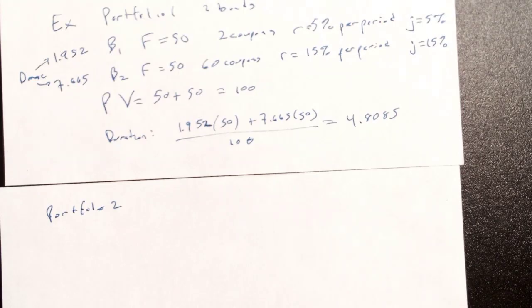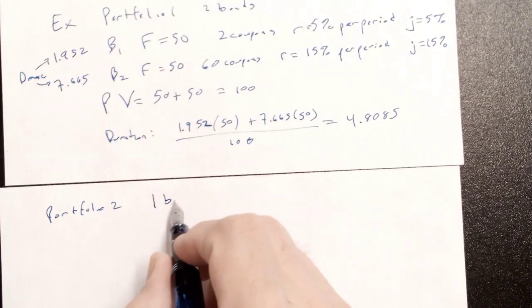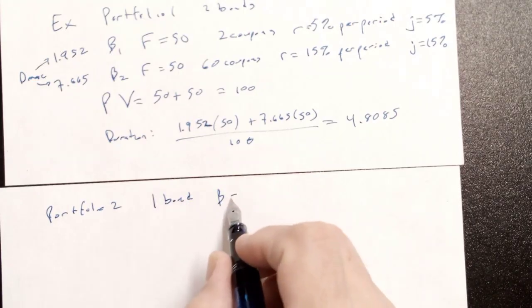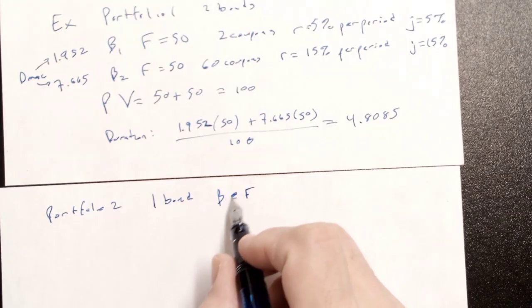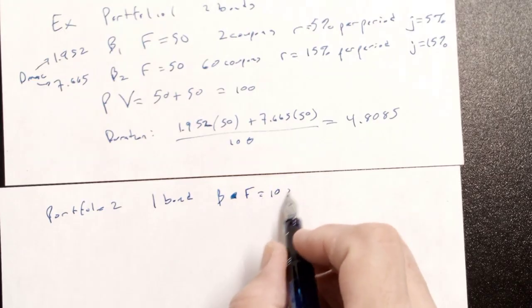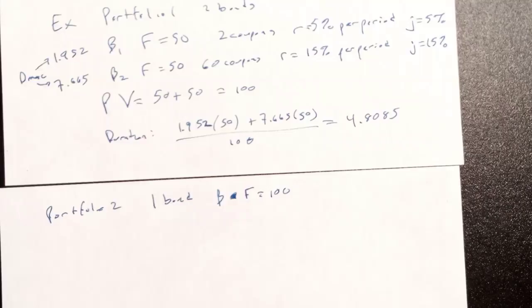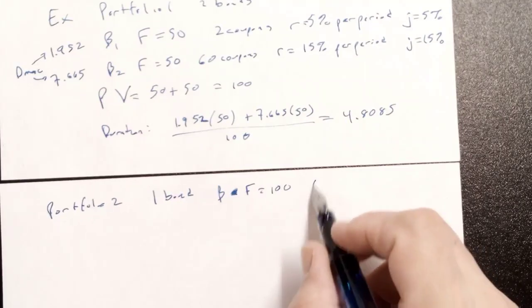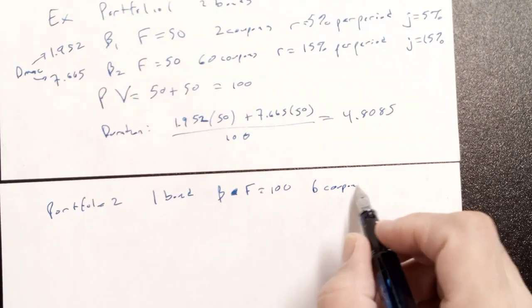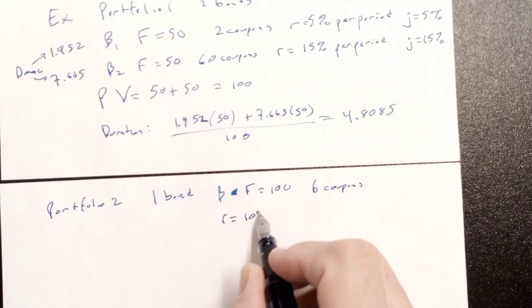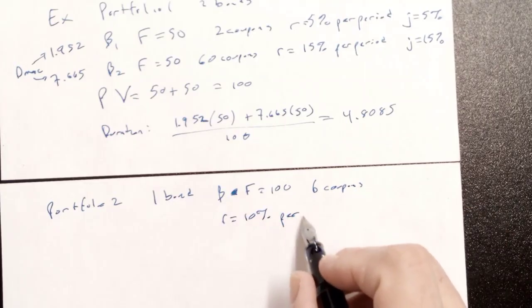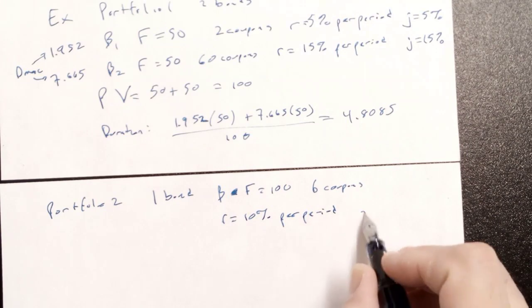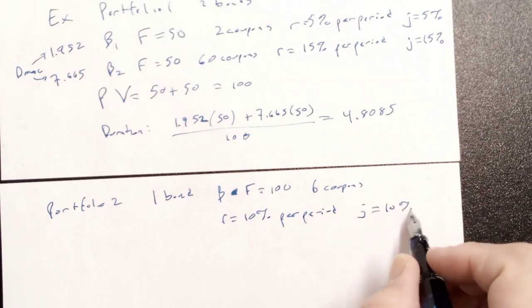Here's portfolio 2. Portfolio 2 is one bond. A face value of 100, 6 coupons, R equals 10% per period. J also equals 10%.